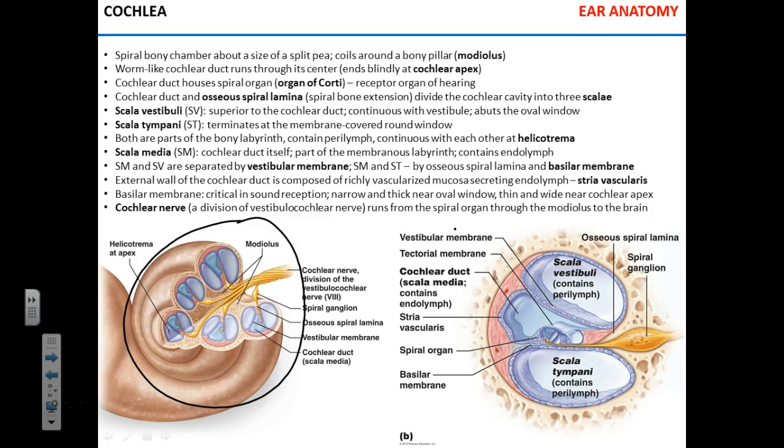Well, you can only imagine how much bigger this is than the normal human ear. Well, it gives you pretty much the scale. Small. In the center of the cochlea, this bony structure is called modiolus. Like a pillar around which the spiral ladder goes. Okay?